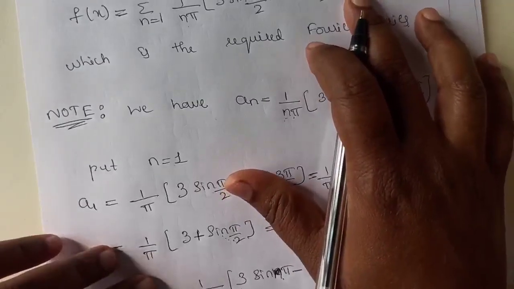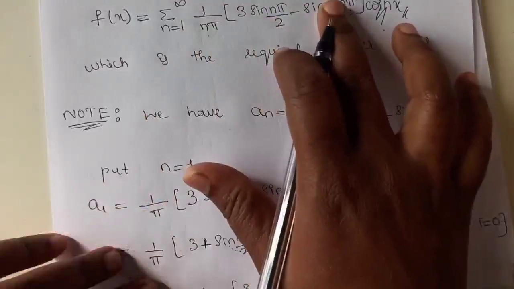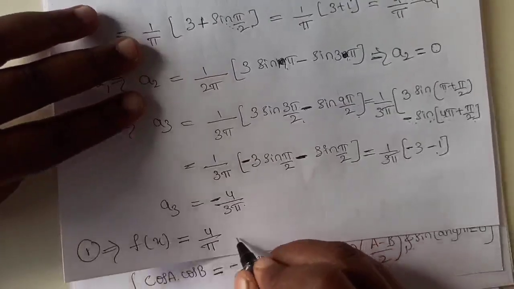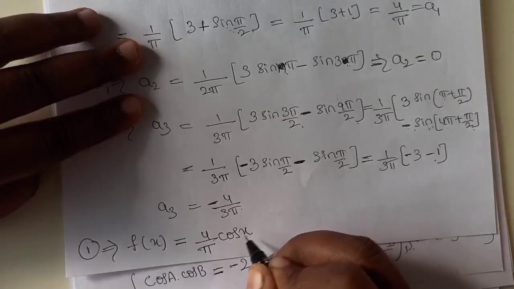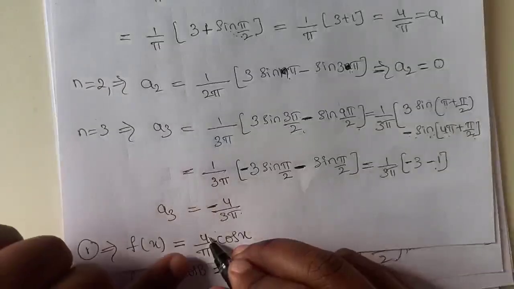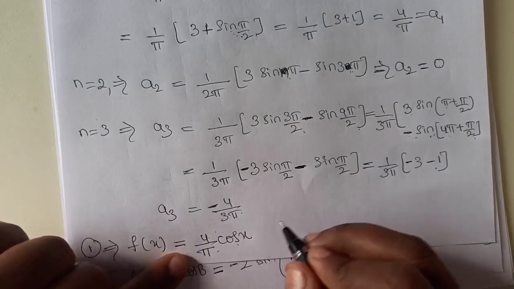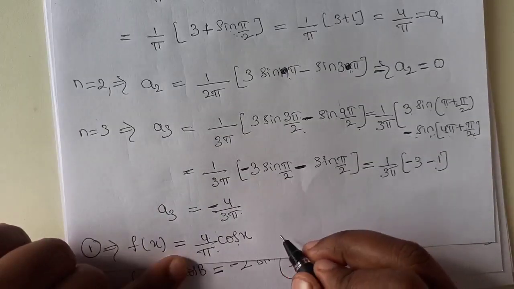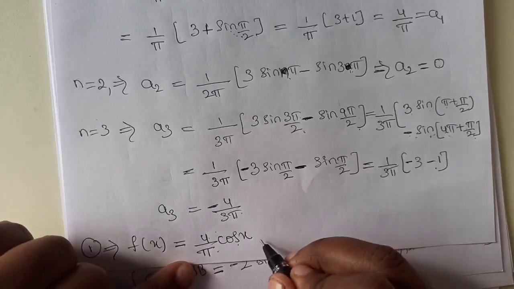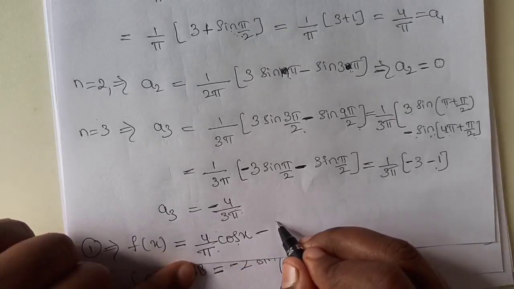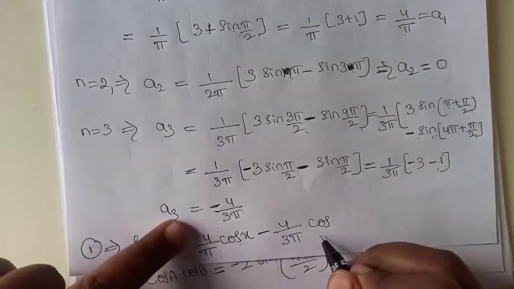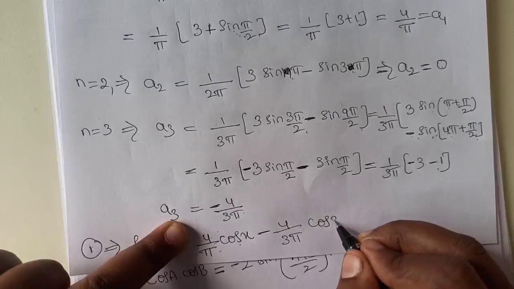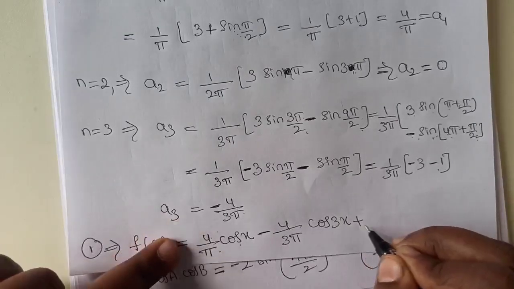For n equals 1 we get cos x, so 4 by pi cos x. The a2 value is 0, so we leave this one, and minus the a3 value is again 4 by 3 pi, cos of 3x, because n equals 3, and so on.